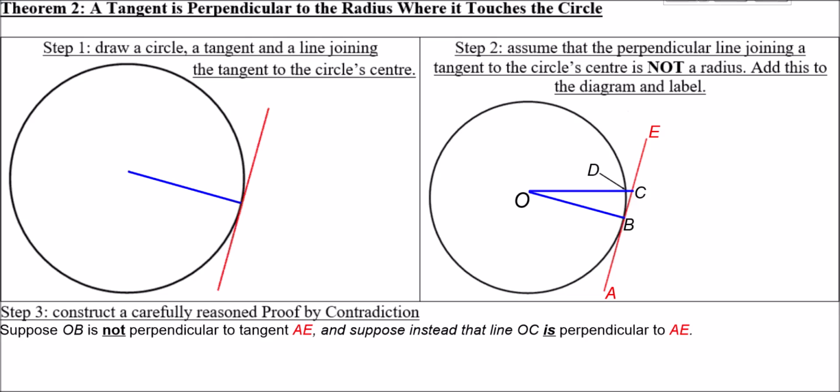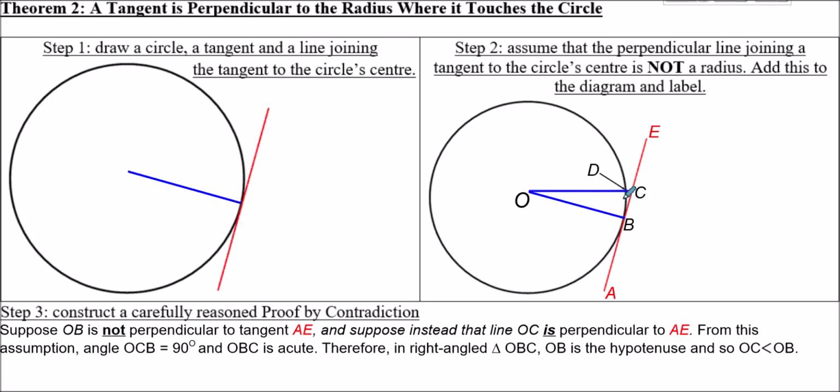Next, we could say that from this assumption, angle OCB, this angle here, must be 90 degrees. Because we're saying that is perpendicular and that isn't. And because it's a triangle, that's 90 degrees. These other two are going to be acute. And so this angle at B is acute.